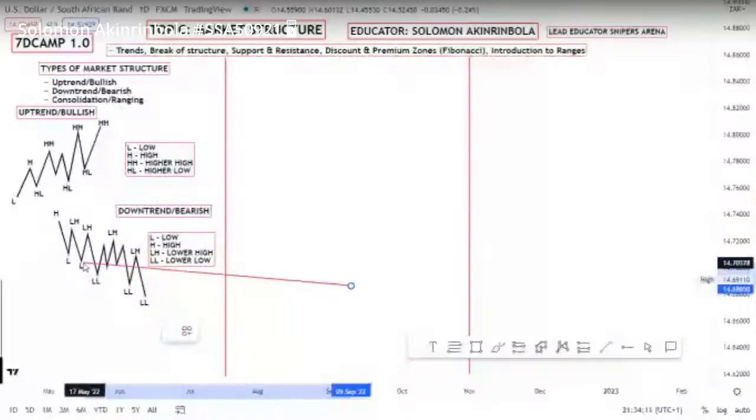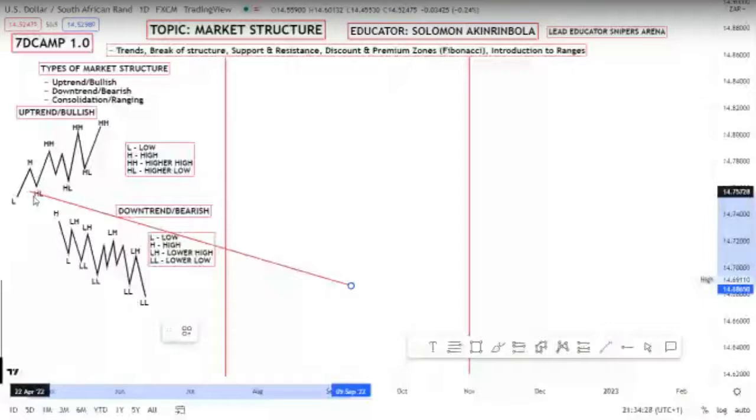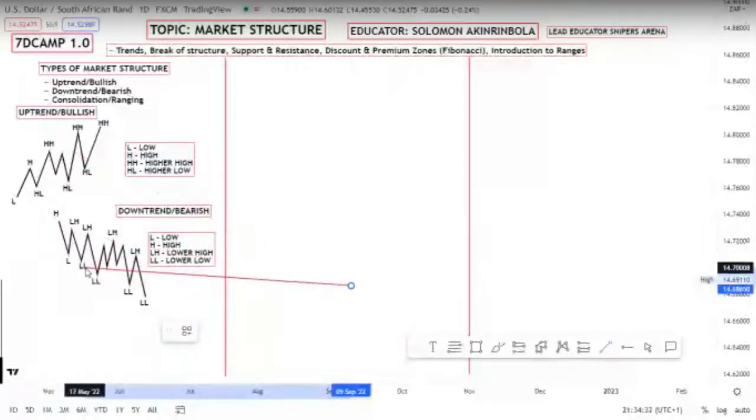Now this closes below this previous low, so it's called a lower low. It is low, but still lower. A lower high is validated when there's a new lower low, just like a higher low is validated when there's a new higher high. Do you understand? So price went high, low, lower high, lower low, lower high, lower low.